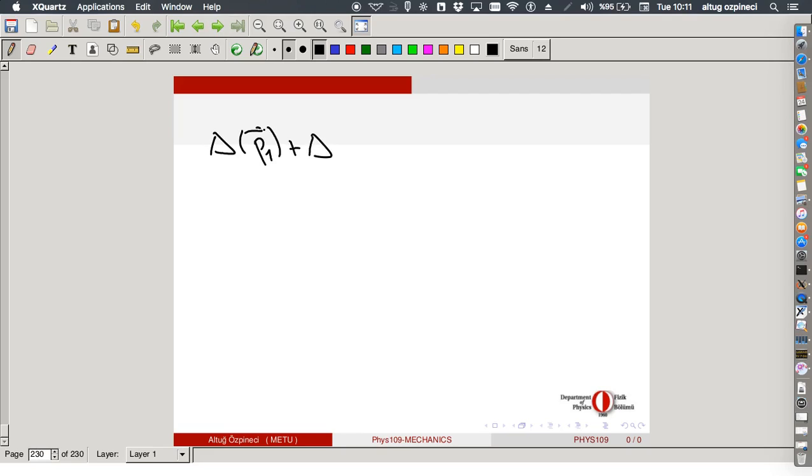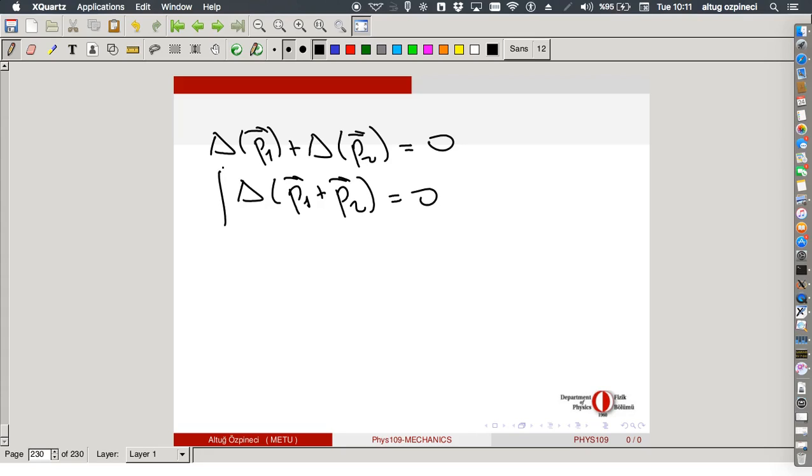Delta P1 plus delta P2 is equal to 0, but this is the change in the sum of the momentum. I don't know the forces. I don't even care about the forces. What I know is if these two masses exert forces on each other satisfying Newton's third law, then the change in the total momentum of my system in a very small time interval is 0.